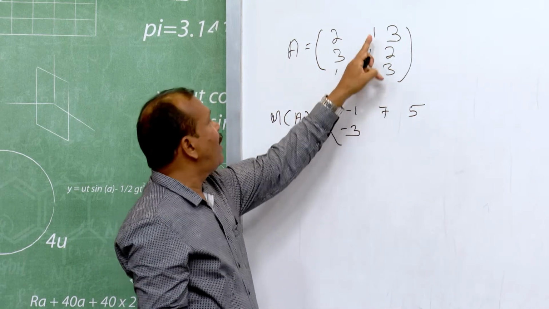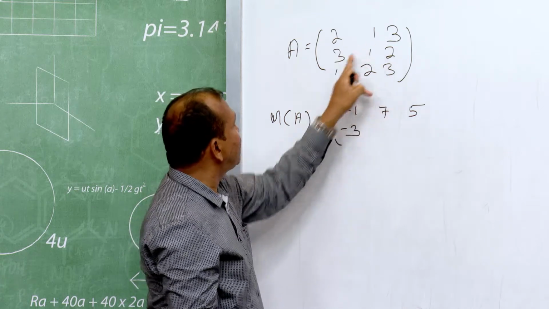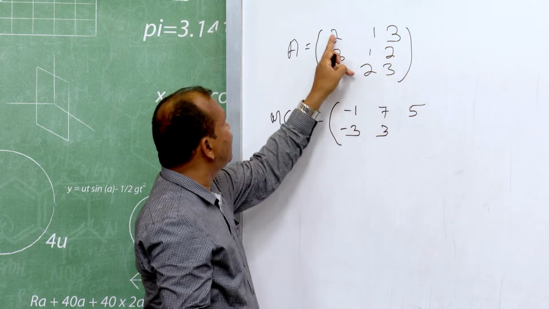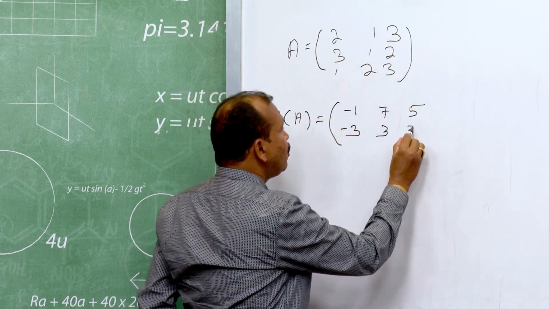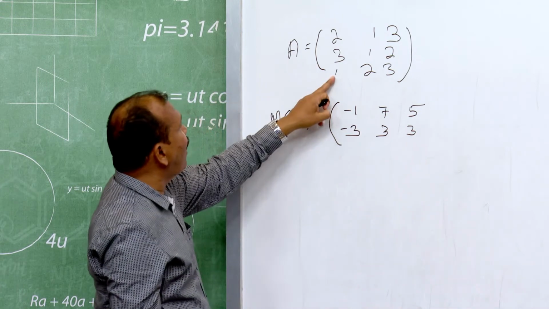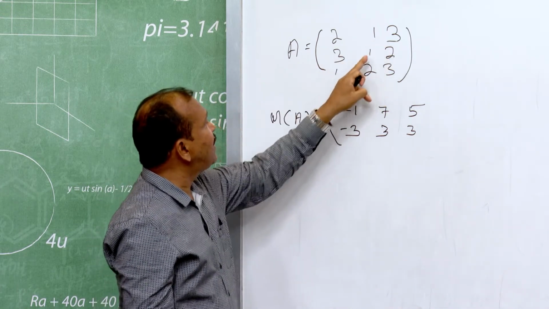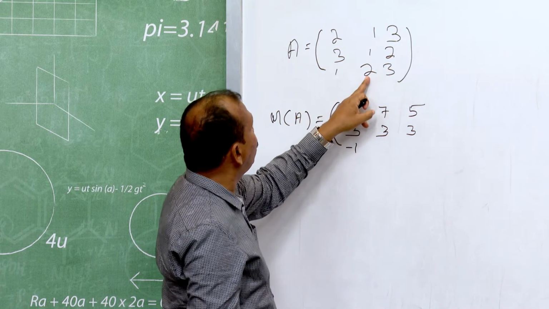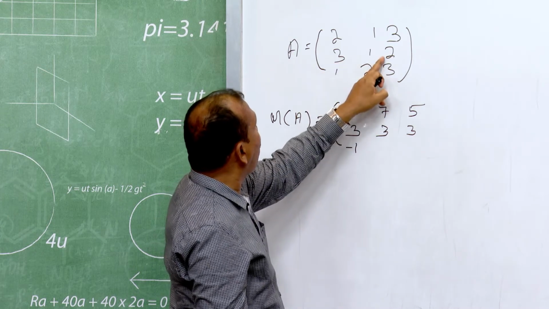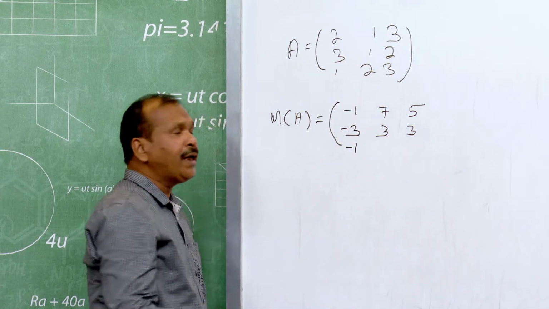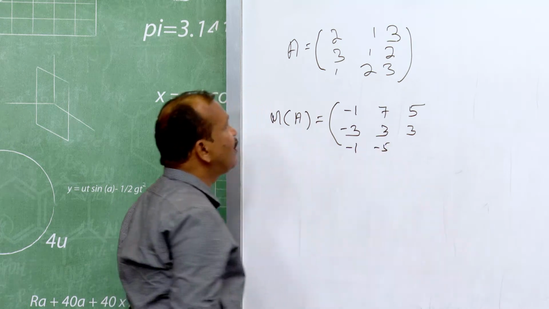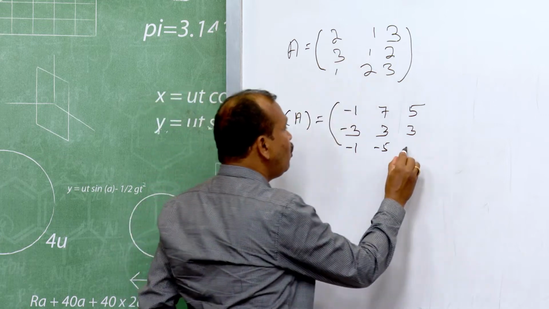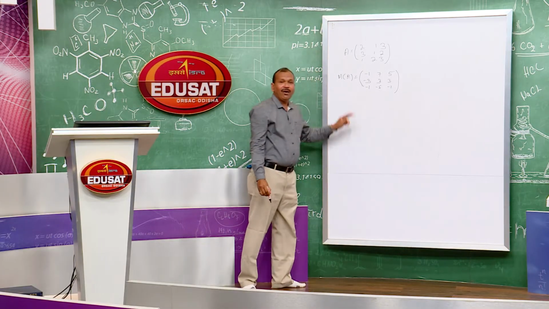Minor of 1 becomes 6 minus 3, that is 3. Minor of 2 means 4 minus 1, that becomes also 3. Minor of 1 becomes 2 minus 3, that becomes minus 1. Minor of 2 means 4 minus 9, that becomes minus 5. Minor of 3 becomes 2 minus 3, that is equal to minus 1. Then we have the minor matrix.